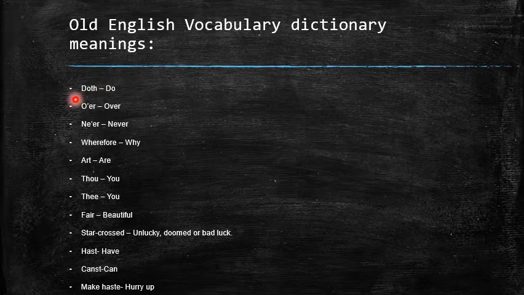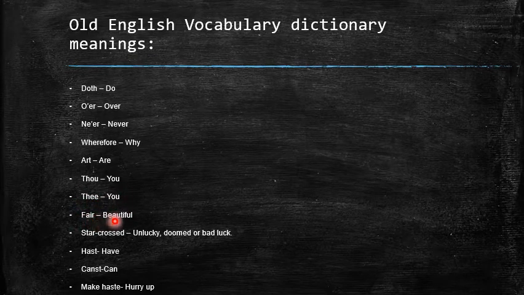So the first word, doth, that means do. O'er, that means over. Never or ne'er means never. Wherefore means why. Art means are. Thou means you, and thee also means you.